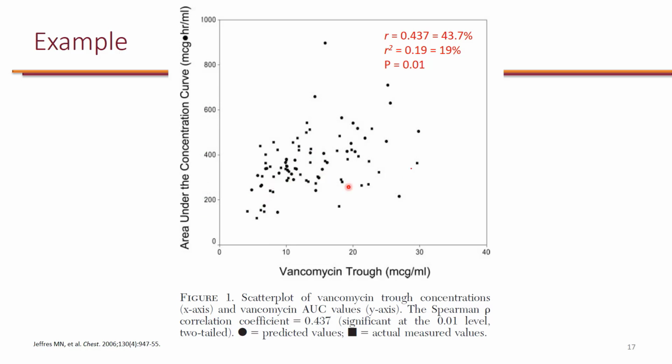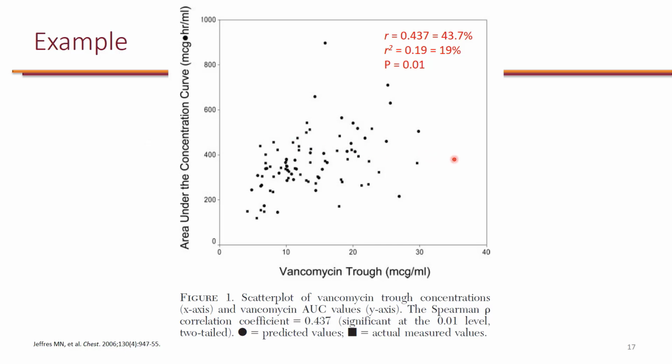This is a scatter plot of all the values that they got in the study. And then they want to see if there's a correlation between trough and AUC. So you can see they calculated the R to be 0.437 or 43%. So let's round it to 44. There's a 44% correlation between vancomycin trough levels and AUC.